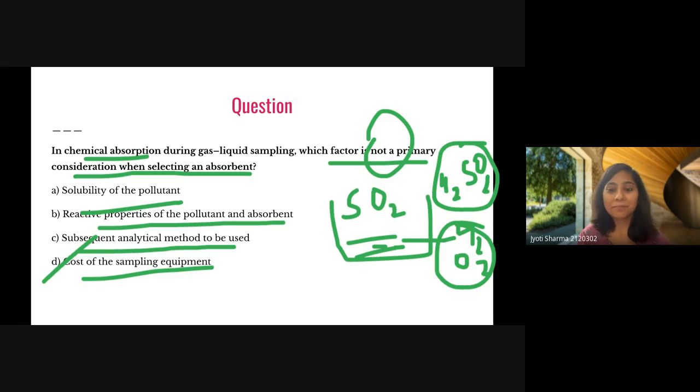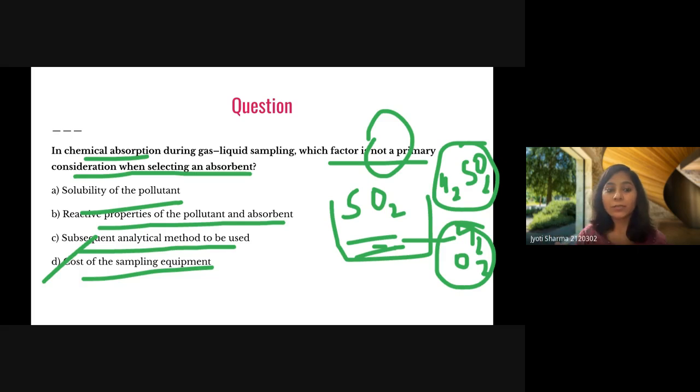Yes, in laboratories or in developing countries where we have a deficit of budget, we do consider the cost of the sampling equipment, but this is not the primary consideration, right? Because we have to see the physical characteristics of the absorbent and the gas that we want to sample, and the compatibility of these two to give the reaction.